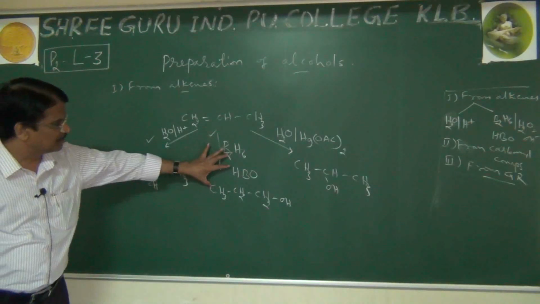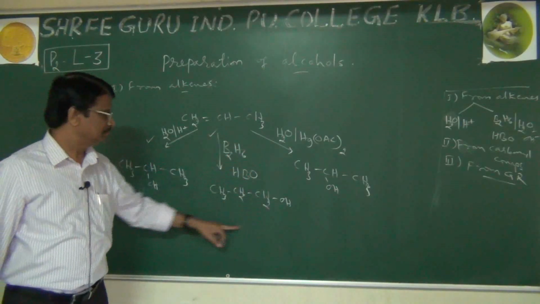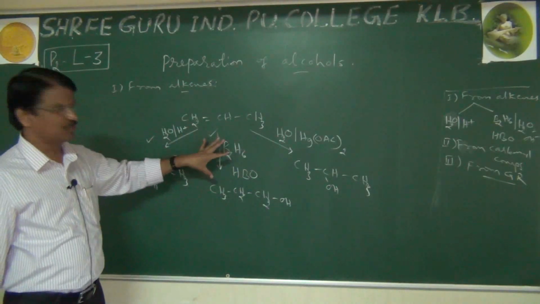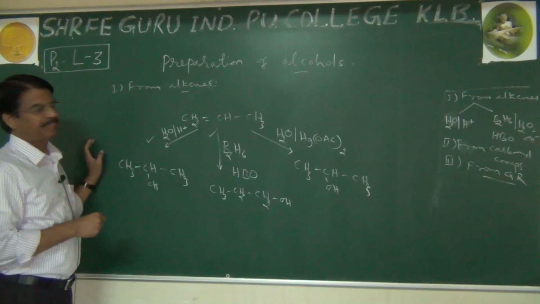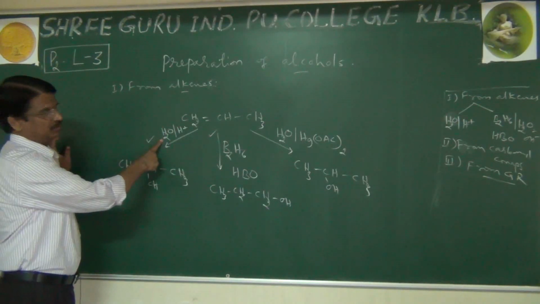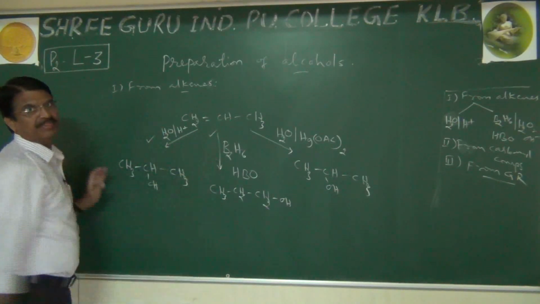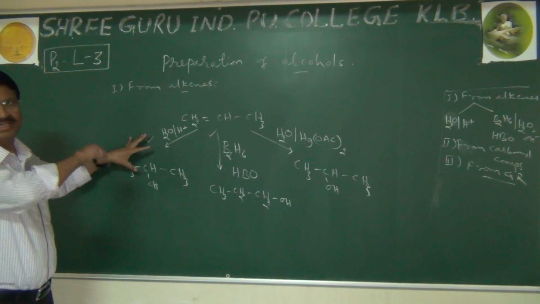Yes, these two have worked. And by this method, yesterday I told, is there any formation of carbocation? No. But here there is a carbocation. Formation of carbocation occurs in acid catalyzed hydration. In hydroboration there is no carbocation formation, hence no rearrangement, whereas in acid catalyzed hydration the molecule may undergo rearrangement.